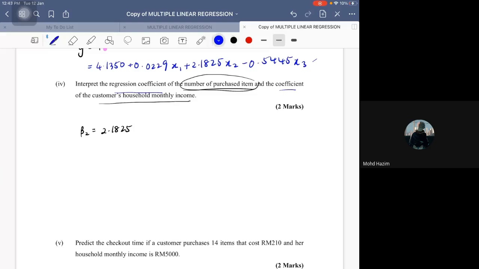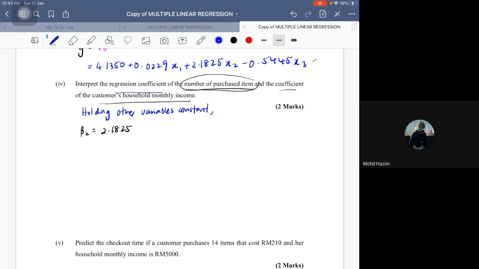Okay, however, when you interpret for the case of simple linear regression, you can interpret straight away. You don't have to have any additional information. But when you interpret for multiple linear regression, there is one important sentence that you have to include, which is: holding other variables constant. For simple linear regression, you don't have to do this because you only have one variable.